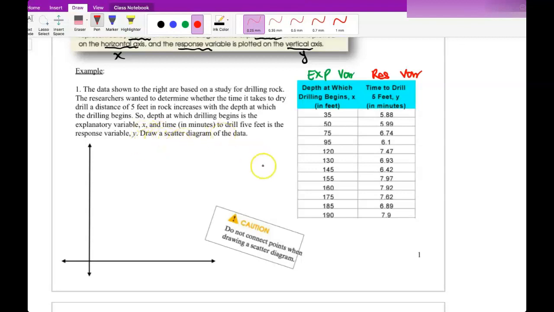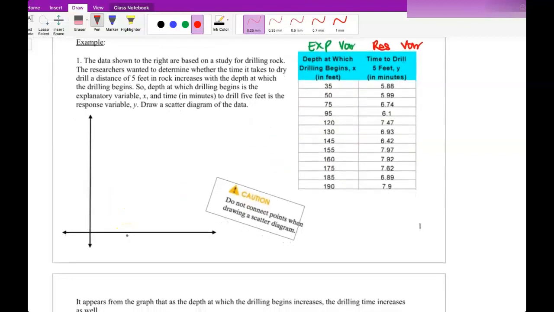Draw a scatter diagram of the data. Based on these, we're going to draw this scatter diagram.